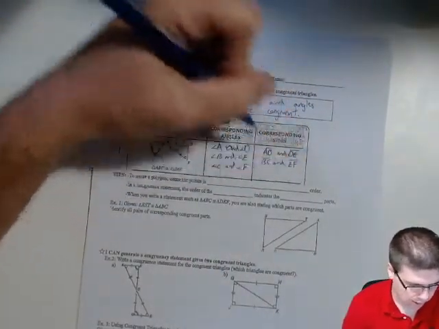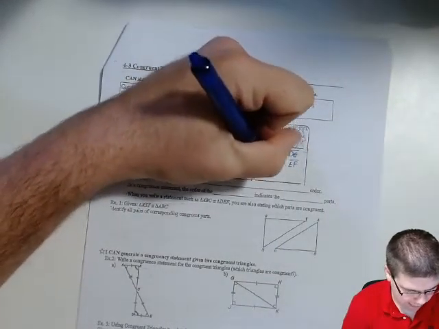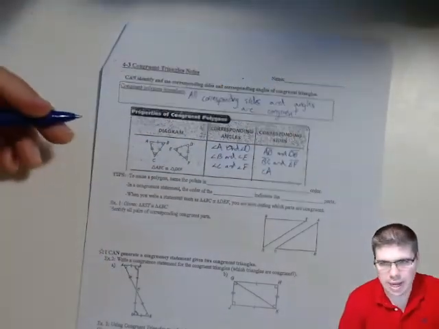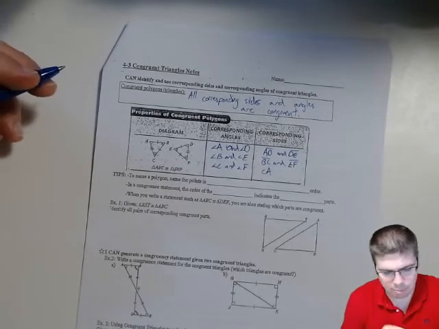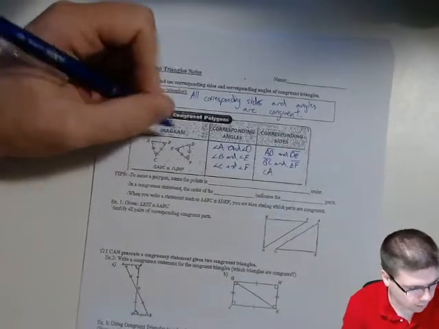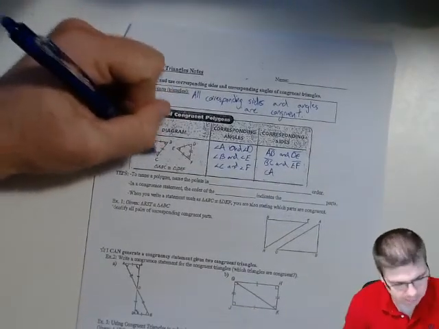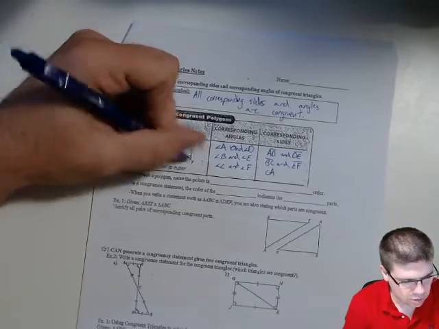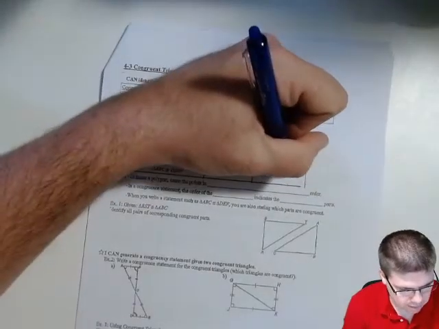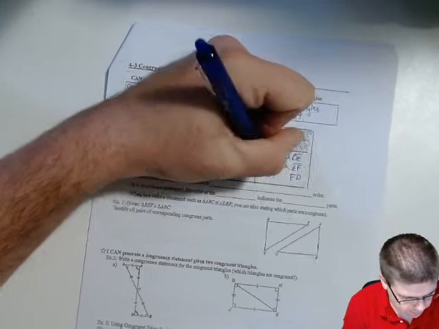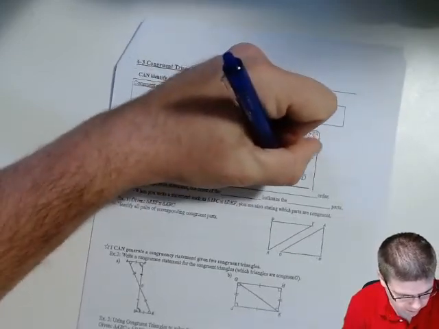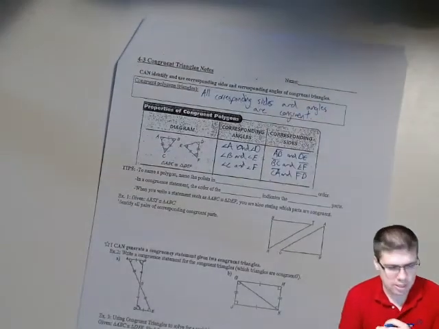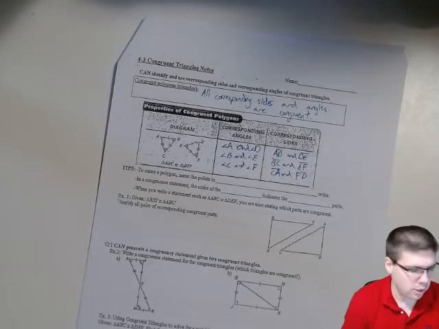And then finally segment CA, which we could also call AC, and that probably would be more proper. A lot of times we like to put those in alphabetical order when given the choice, but I'll call it CA. I'm just going around the triangle. CA goes with FD, and those are our corresponding parts.